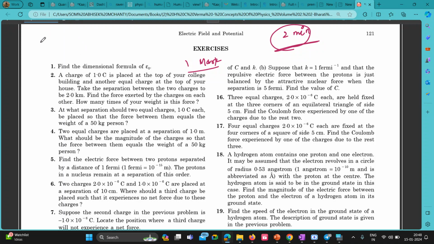How to solve it? Simple. We know F is equal to K Q1 Q2 by R square, isn't it? And K is equal to 1 by 4 pi epsilon naught, so F is equal to 1 by 4 pi epsilon naught Q1 Q2 by R square.